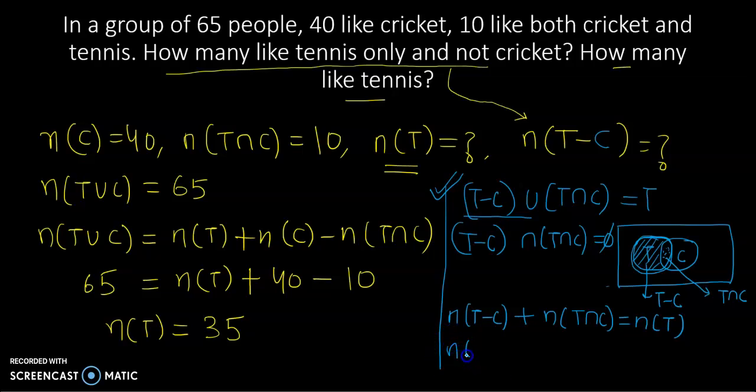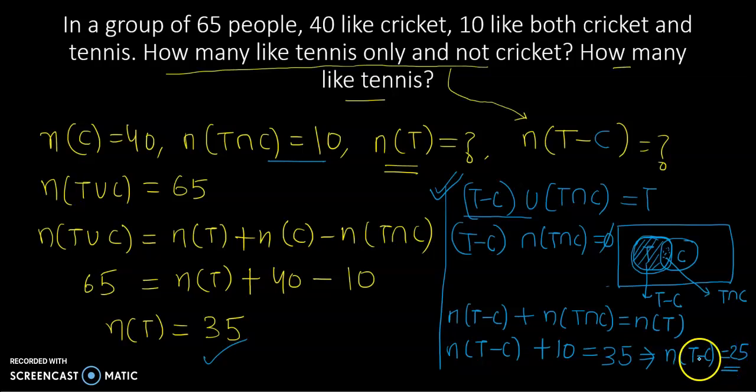The number of elements in T intersection C I already have as 10, and the number of elements in T I have already calculated as 35. So the number of elements in T minus C is going to be 35 minus 10, that is 25. So there are 25 people who like tennis only but not cricket.